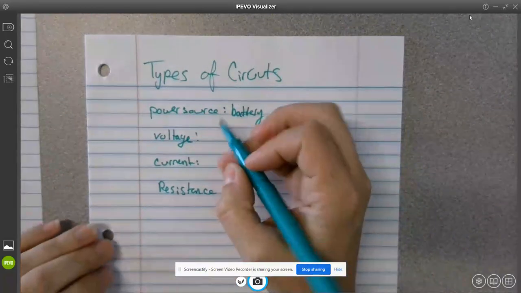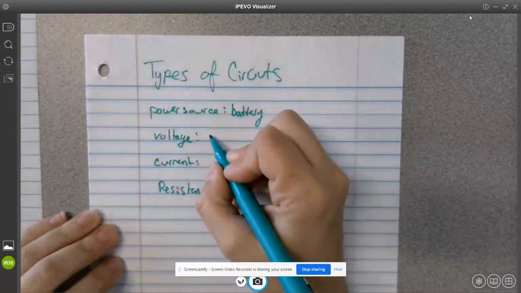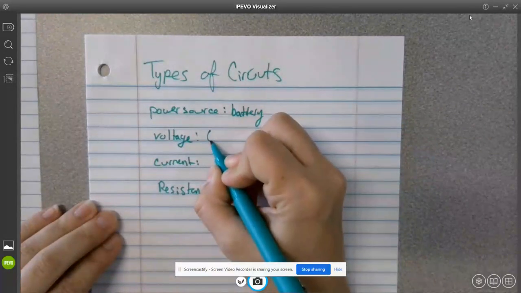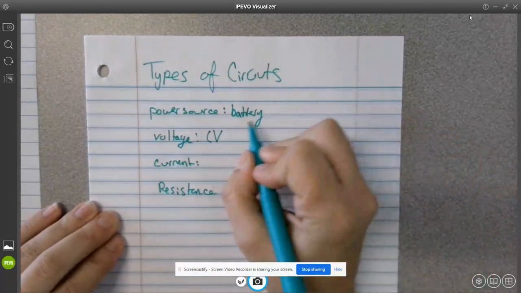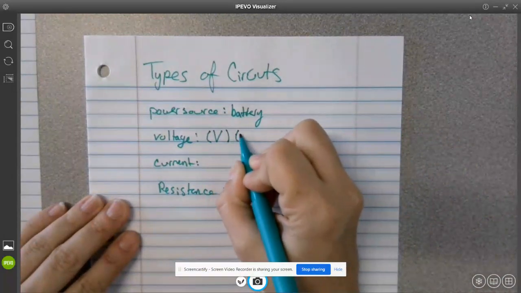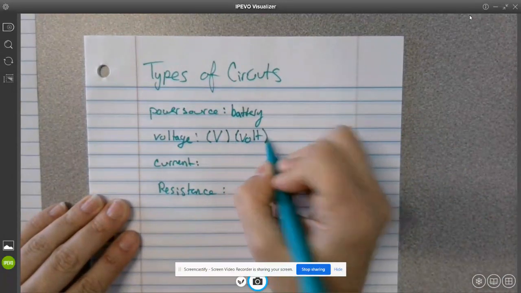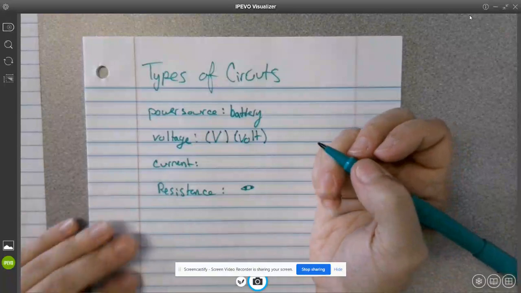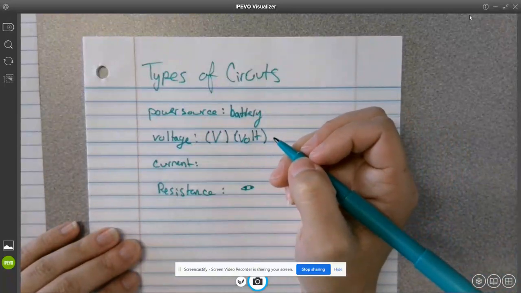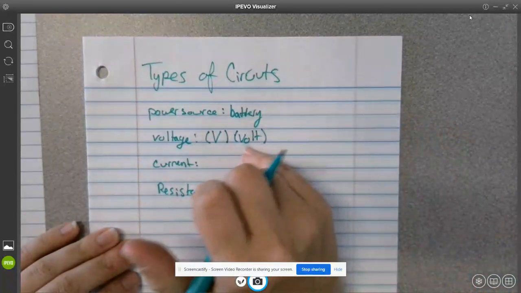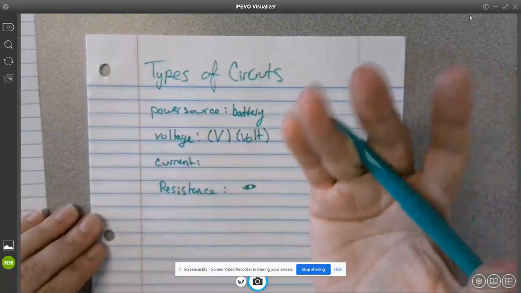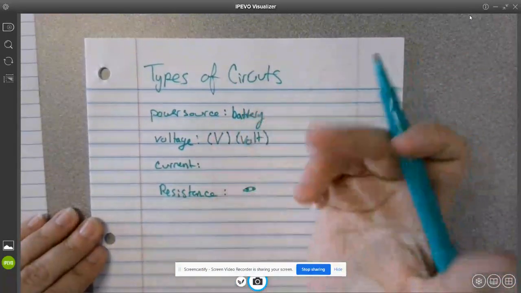Whenever we're looking at different types of circuits, please know that voltage is abbreviated with the letter V, or it is referred to simply as volts. Voltage is also measured in volts. So again, that can be your letter V here.